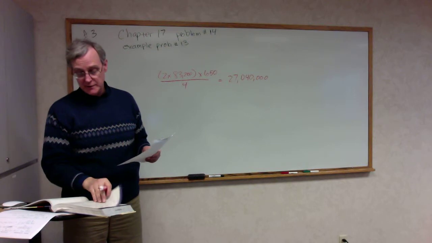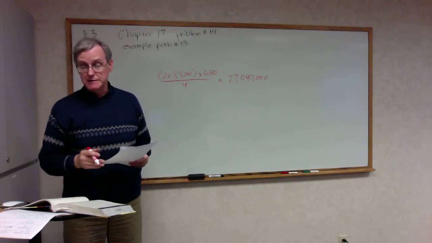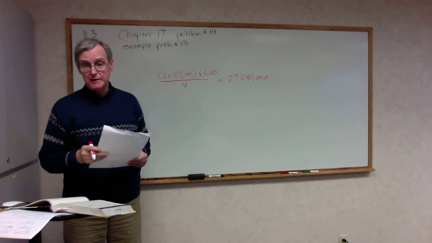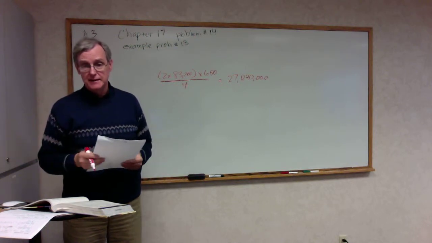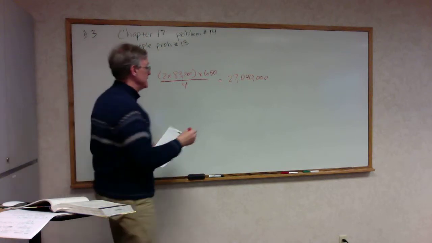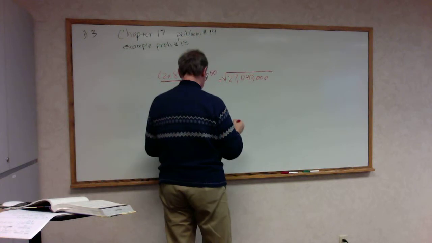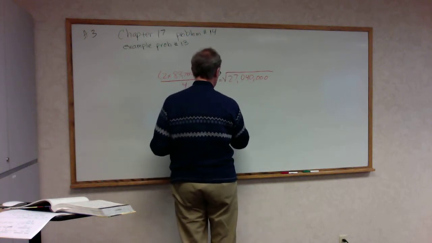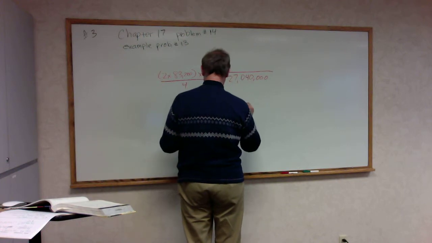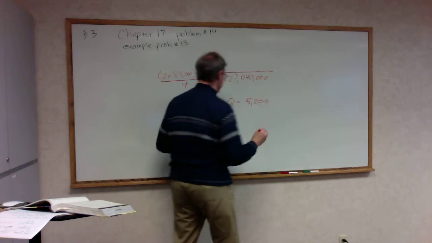And then we use our square root key on your calculator, which is about in the middle on the business calculator, but most calculators would probably have a square root. So we do a square root of this, and it gives me an economic order quantity, because that's what we're trying to solve for, of 5,200.